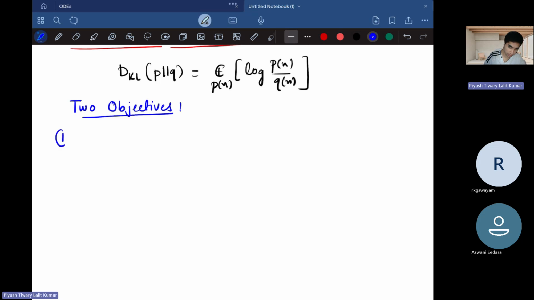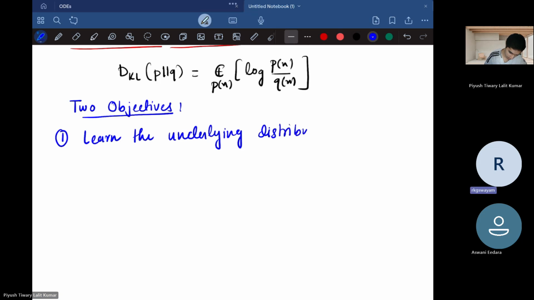First objective: in generative modeling, in general, we want to learn the underlying distribution. For example, let's say we want to generate images.